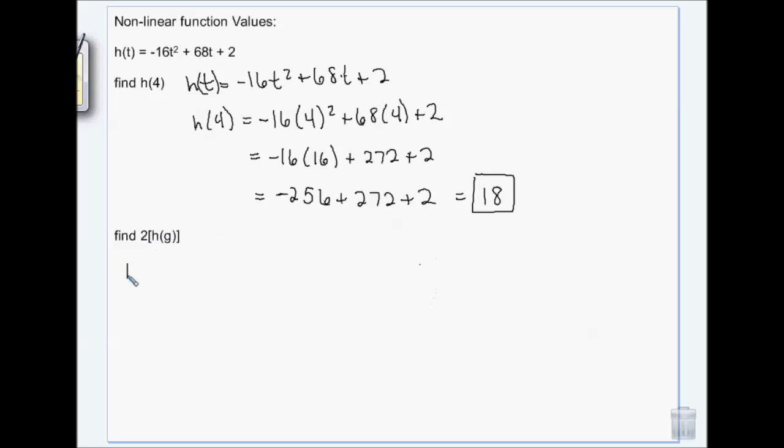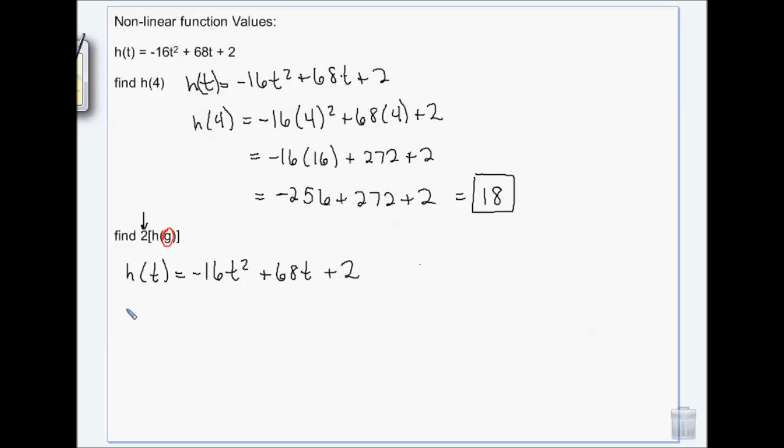Now here, again, h of t, except we're looking for h of g. And then we're going to multiply it by 2. When will we use this? Later.